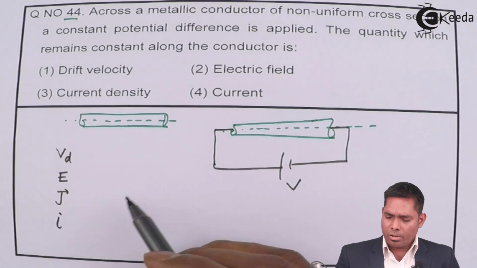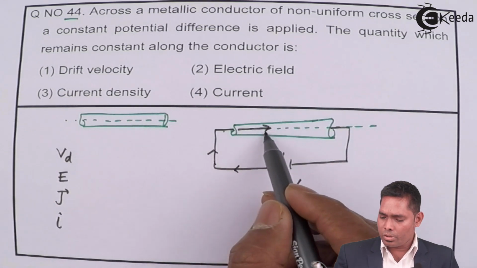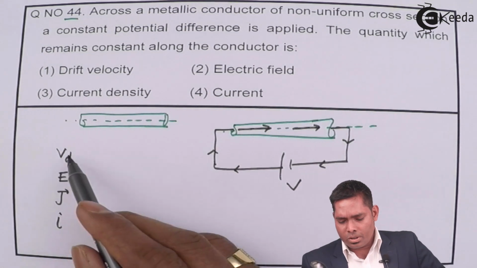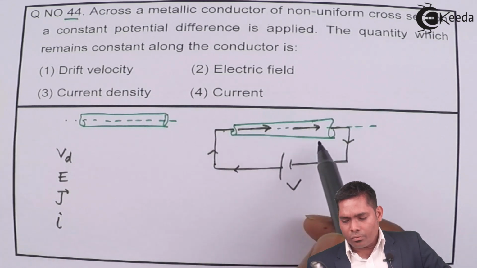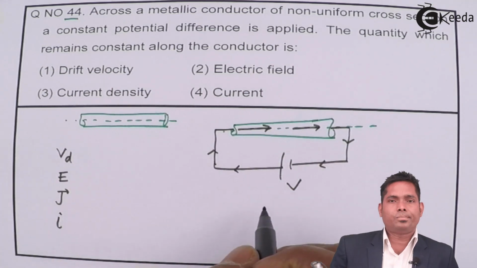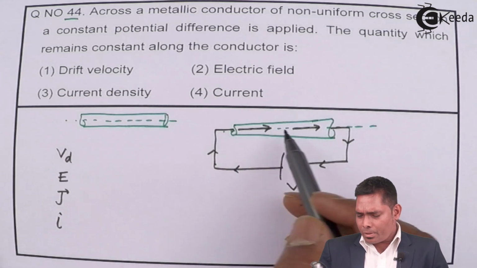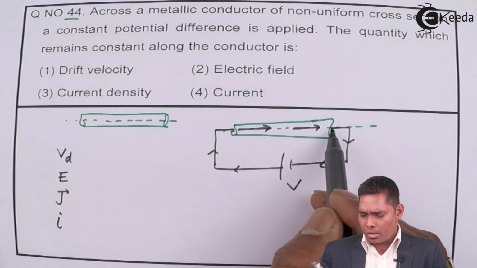So out of these, when current starts flowing from here and moves through this conductor, which of these quantities will remain constant in case of a non-uniform conductor? Suppose I take this case that the area is increasing from here to here.